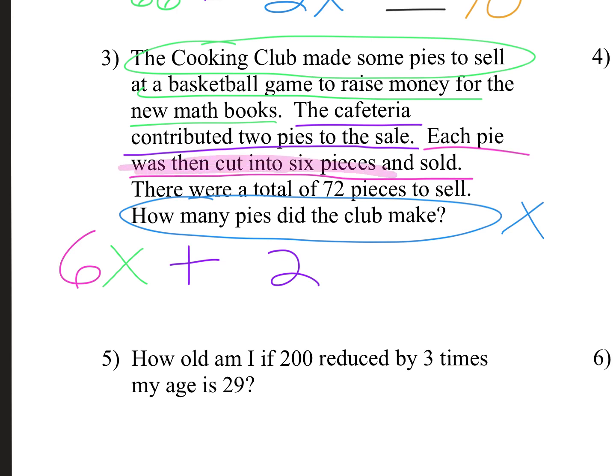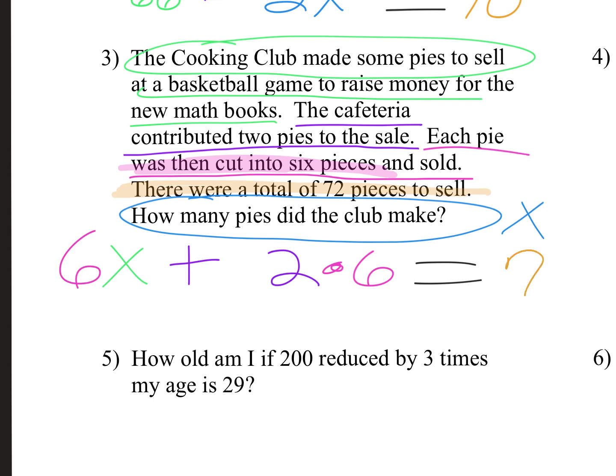So to figure out how many pieces that would actually be, we would take the number of pies they made and multiply it by 6. But they also cut those 2 pies into 6 pieces too, right? So that's actually going to be 2 times 6. And finally, the last piece is there were 72 pieces to sell.